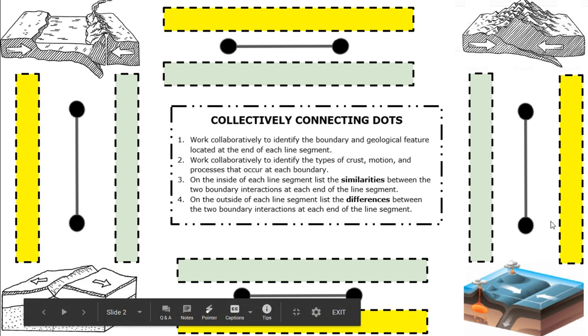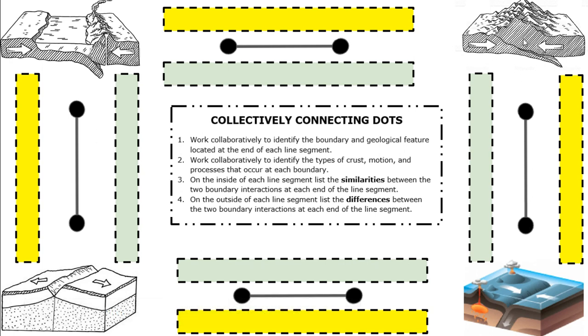Now, if we take this segment and we move up here to this boundary, looking at this plate boundary, you have converging happening here because the arrows are coming together. So here we have a continental crust converging, and you're having mountain formation, folded mountains like the Himalayas mountain range.